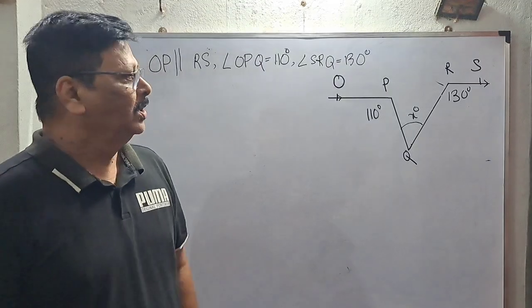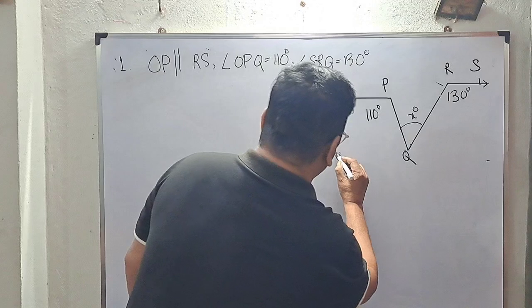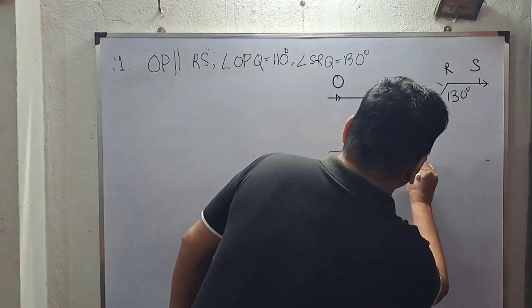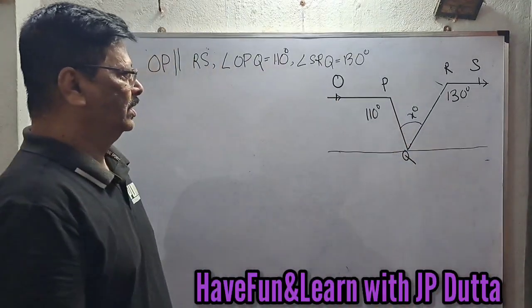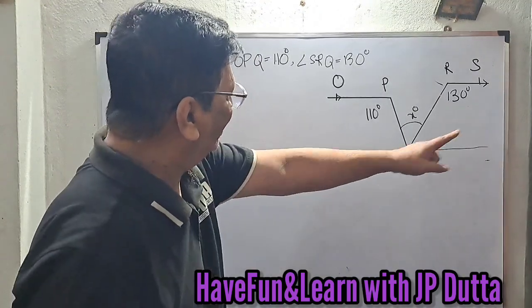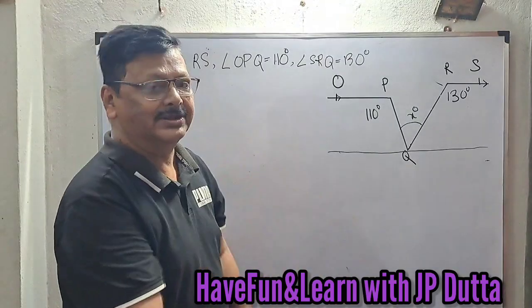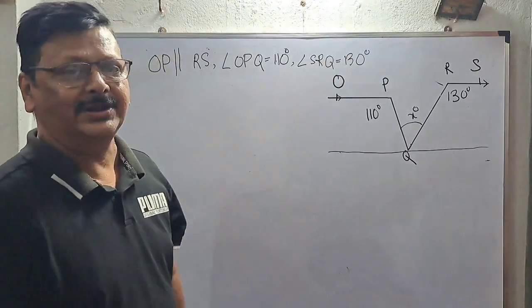So what we will do, we will draw a line parallel to OP through Q, like this. Okay? This is a line drawn through Q, parallel to OP. Now, in this particular problem, things become clear. We can establish a relationship.